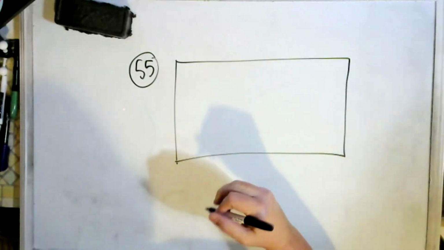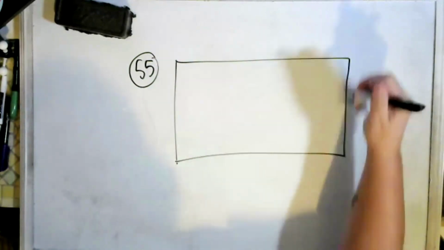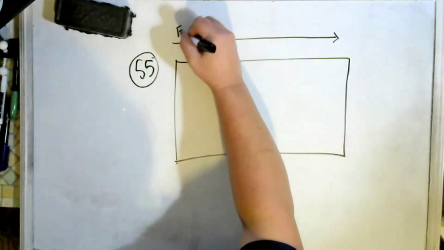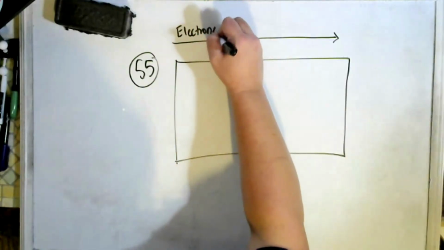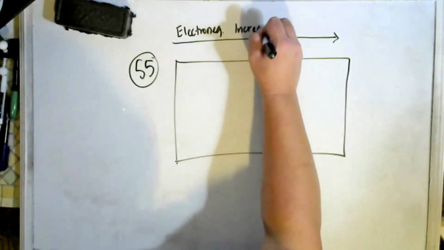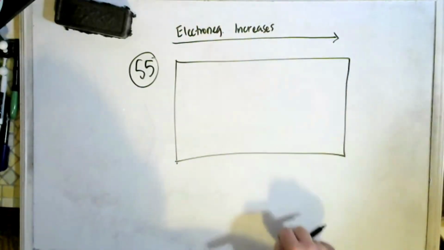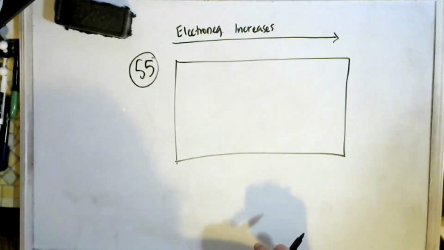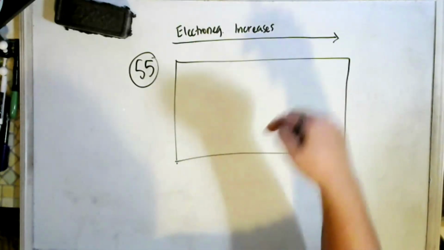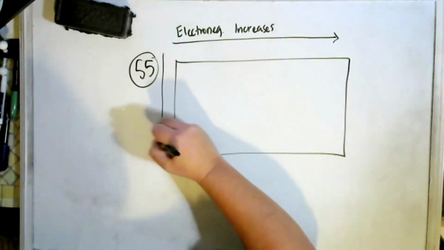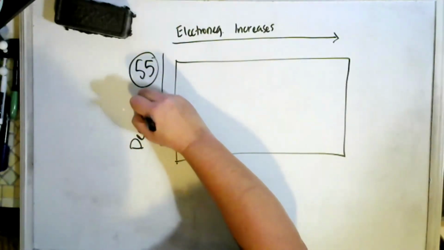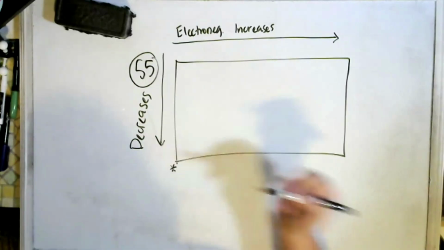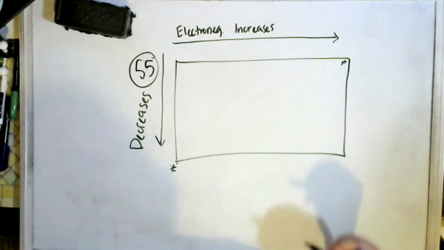So when you're thinking about the trend from left to right, electronegativity increases when you're moving towards the right, and electronegativity decreases as you move down. That's why your smallest electronegativity is down here and your largest is up here.